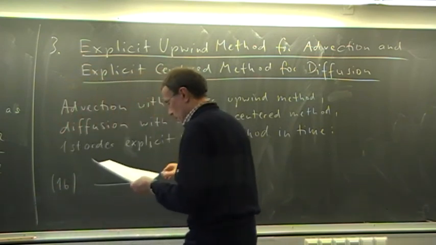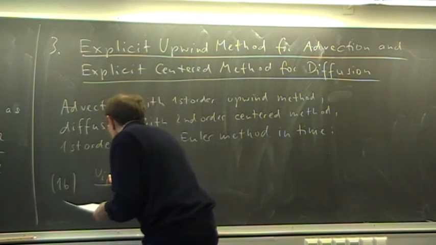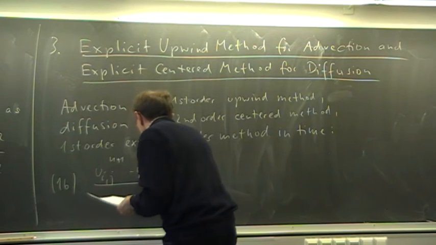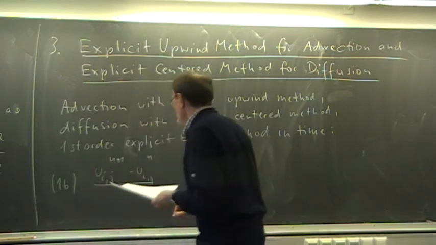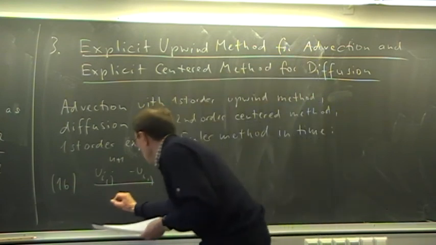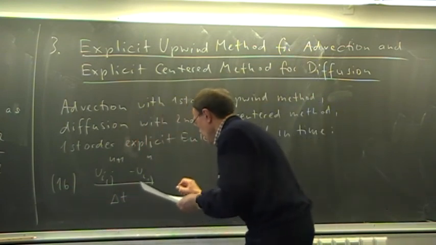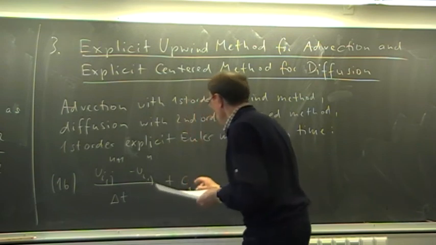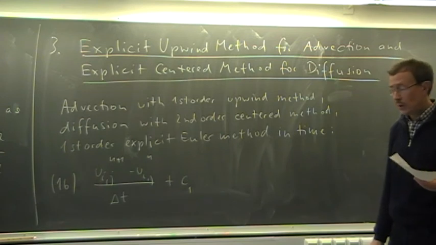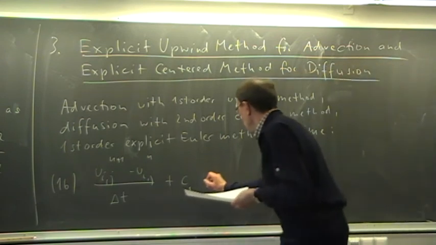Time derivative is approximated in the way as we have already seen. It is the approximation of the u minus the old time level at grid point xi, yj divided by the time step. And now we have to make a decision depending on C1. We assume now that C1 and C2 in fact are positive.